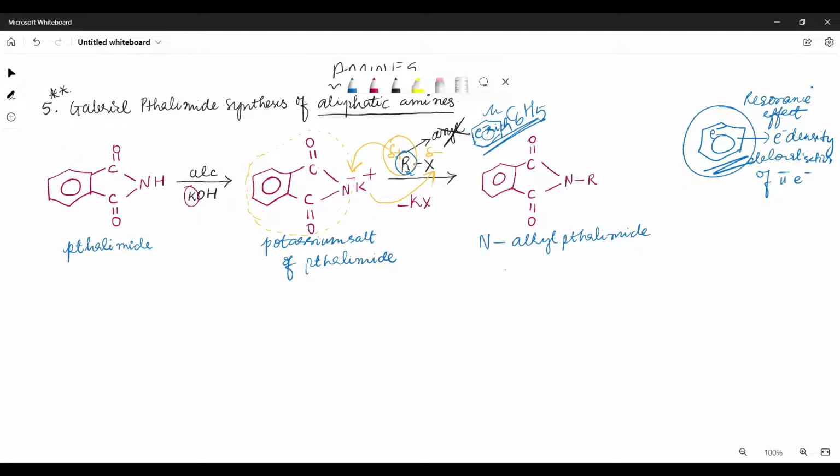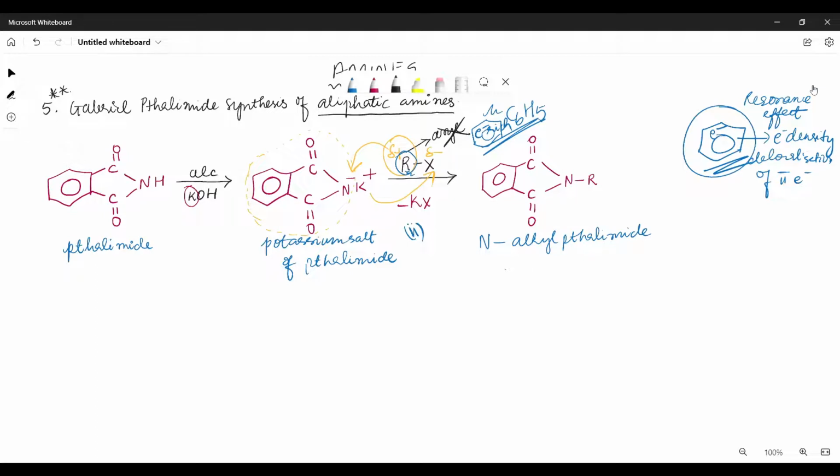So the reason why aromatic amines cannot be prepared by Gabriel phthalimide synthesis is that in the second step of substitution, what substitution? Nucleophilic substitution. Aryl halides are not reactive towards nucleophilic substitution because this is also electron rich and phthalimide is also electron rich. That is why there is no aryl substitution in this case, and the final product whatever we get is going to be an aliphatic amine, right?